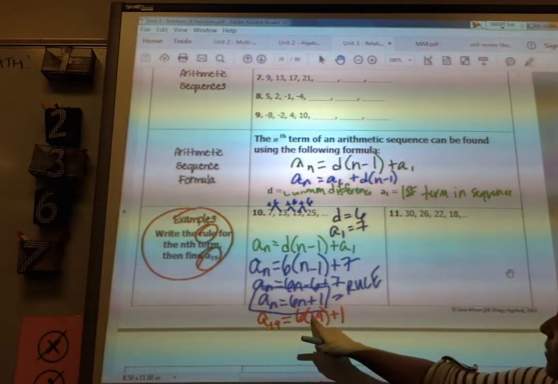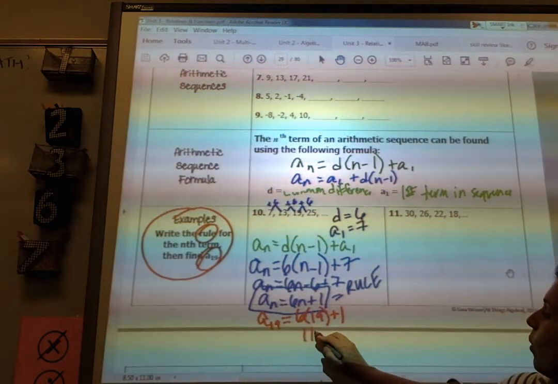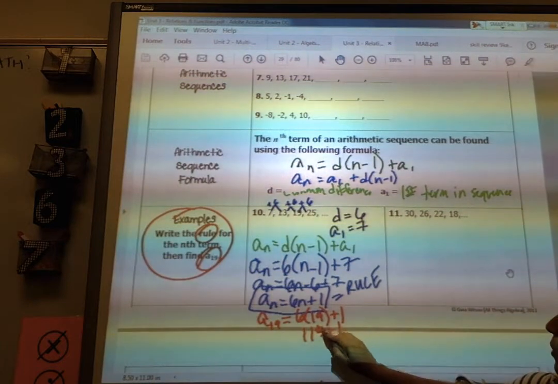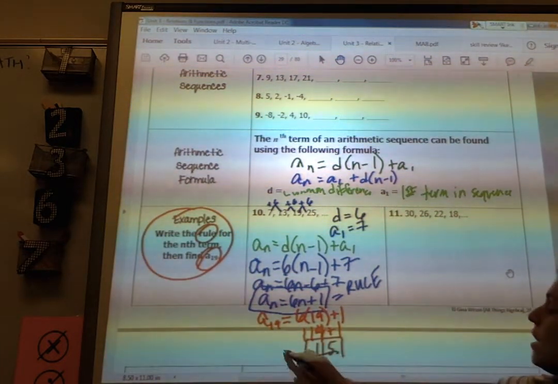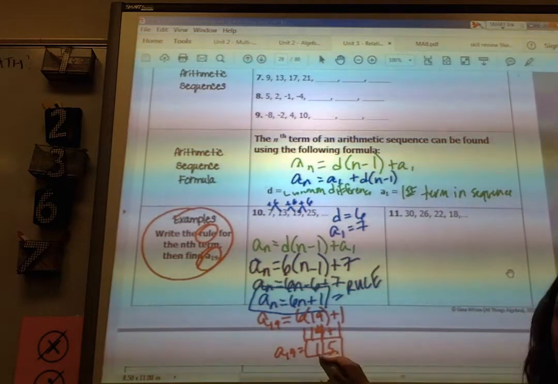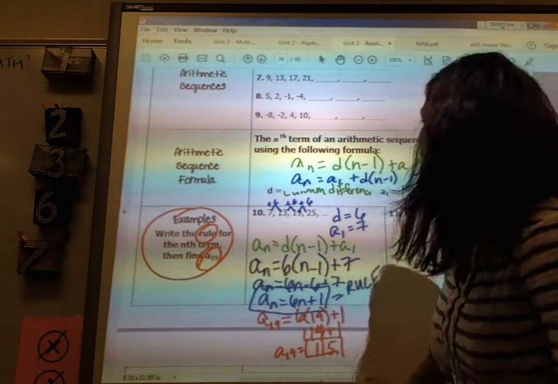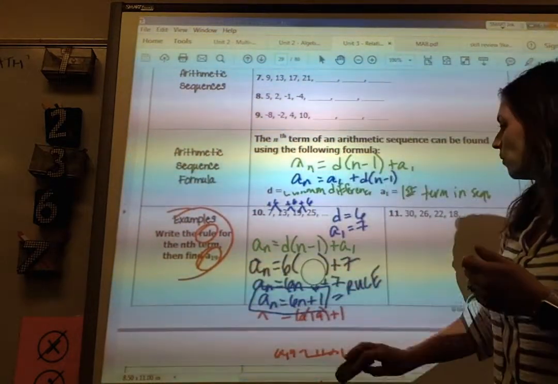Hang on, 6 times 20 is 120, minus 6 is 113. So 113 plus 1 is going to give me 114. 114 plus 1, and that's going to give me 115. So the 19th term in the sequence is 115. Okay? All right, we're going to do one more together, and then I'm going to let you guys practice that on your own.